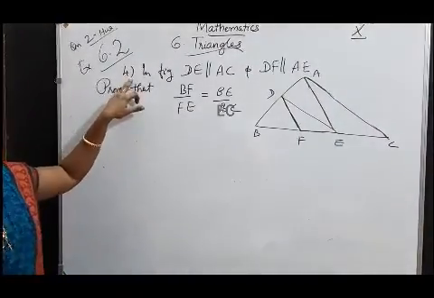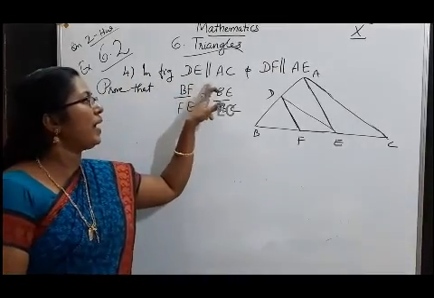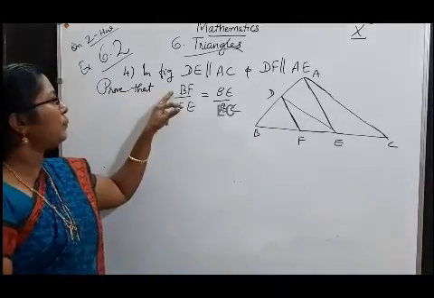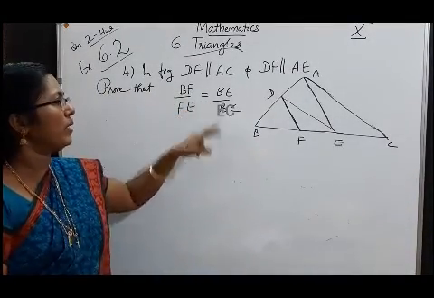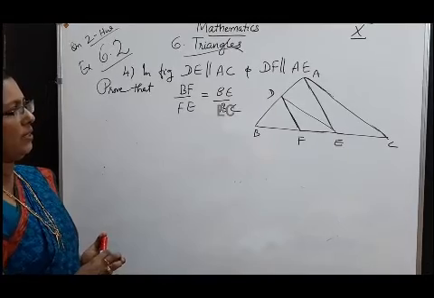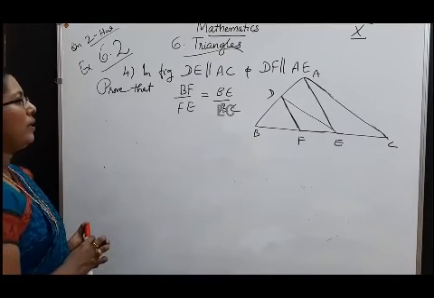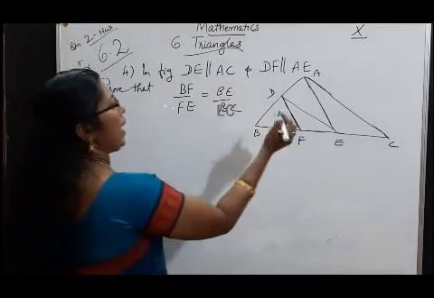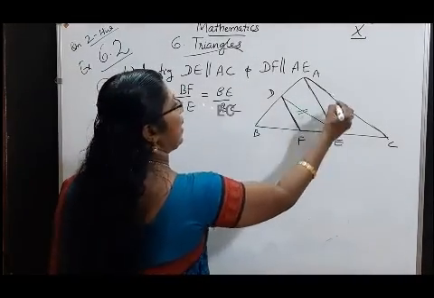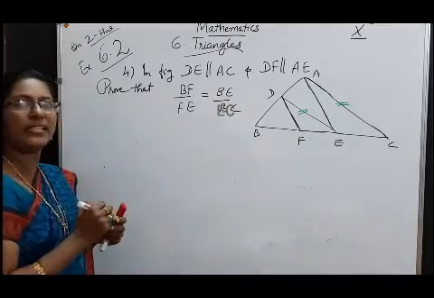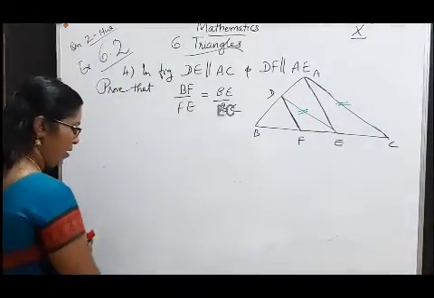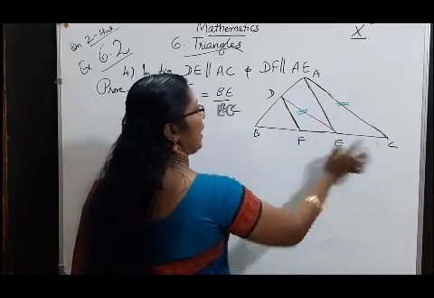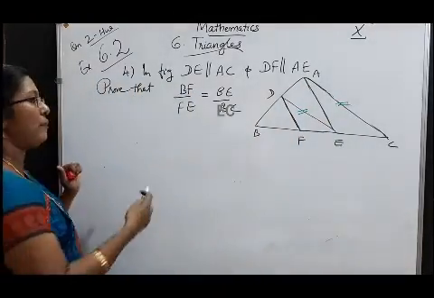Question number 4. In the figure, DE is parallel to AC and DF is parallel to AE. Prove that BF by FE equals BE by EC. Here, what is given? DE and AC are parallel. Using these parallel lines, we take triangle ABC.